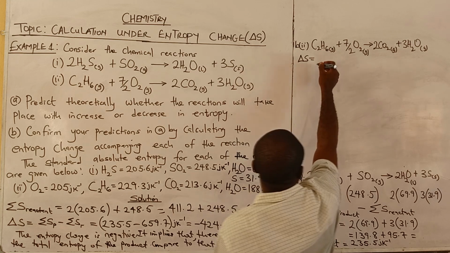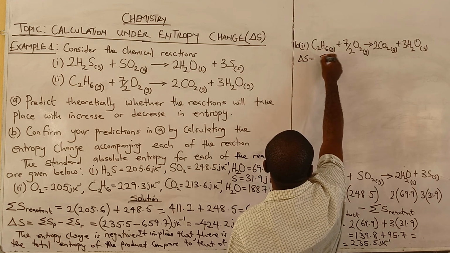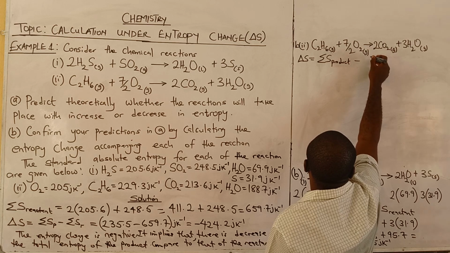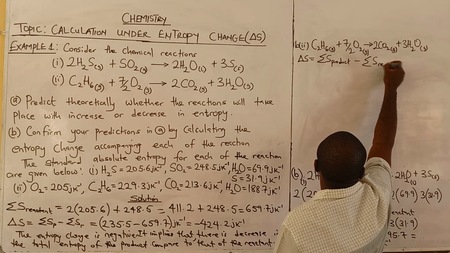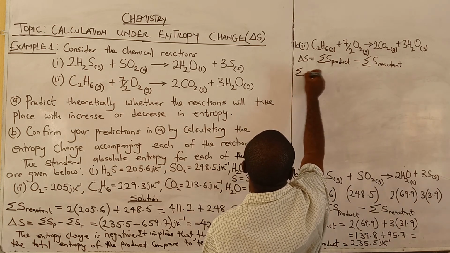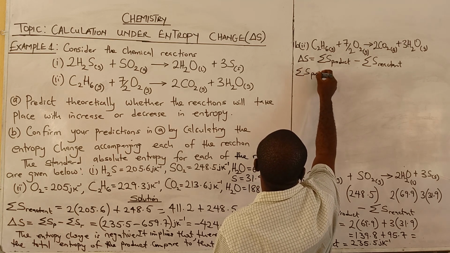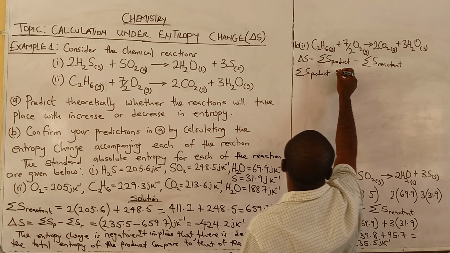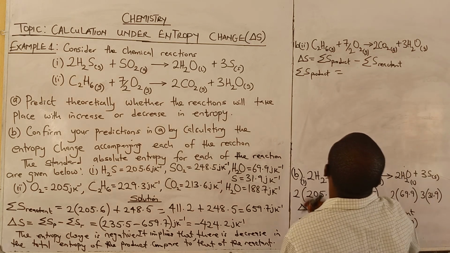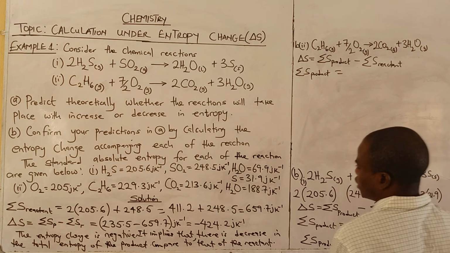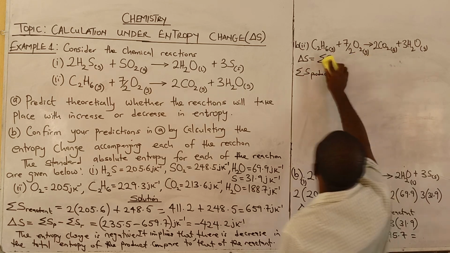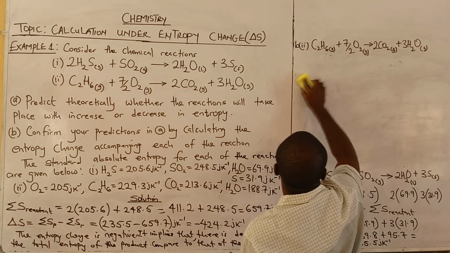Change in entropy equals the summation of the entropy of the products minus the summation of the entropy of the reactants. Let's get the entropy of the products. Let's put the value under each compound or each element so that it will be very easy for us.